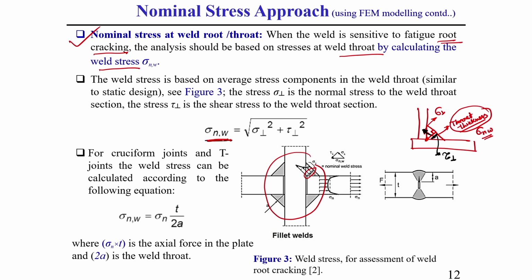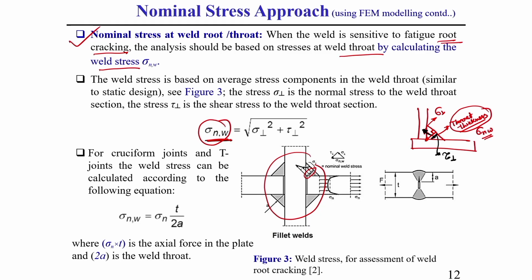This is called throat nominal stress. This throat nominal stress is generally used for calculating the fatigue life once the root crack has taken place. This nominal stress is used there to calculate the fatigue life using the nominal stress approach. This you should keep in mind.